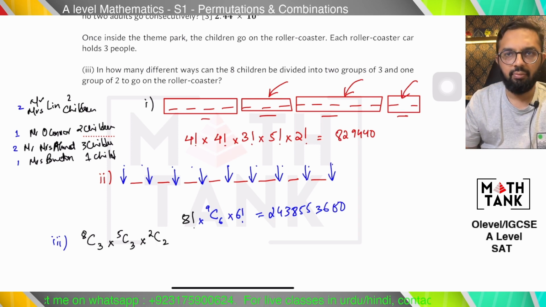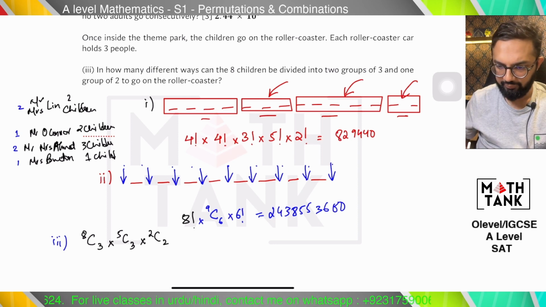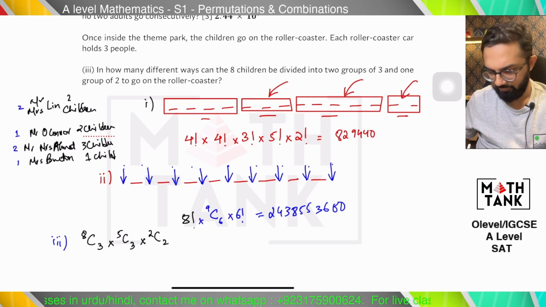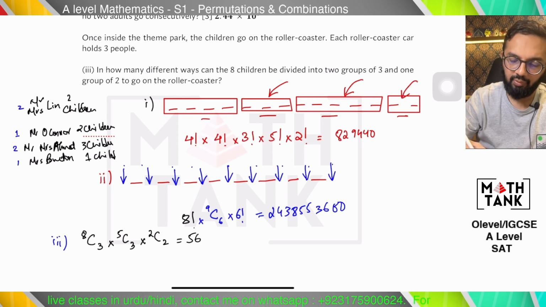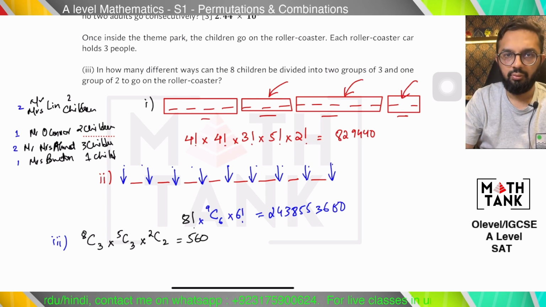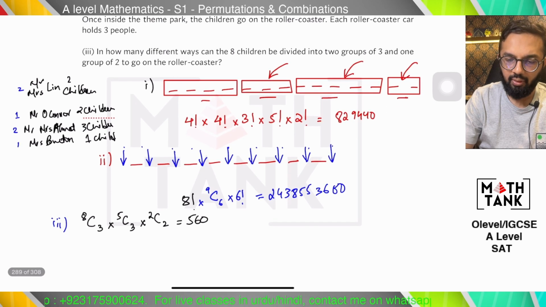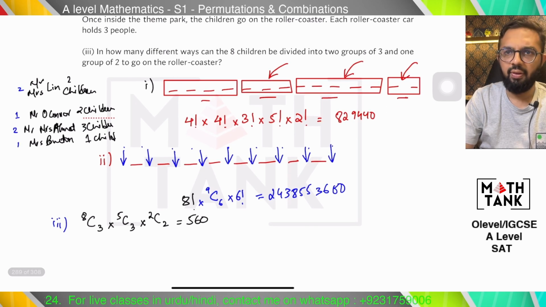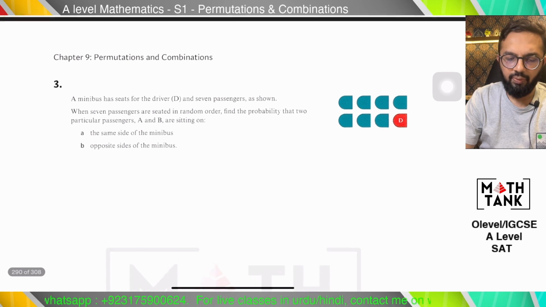Okay, and that's the final answer, 560. They were no longer arranging themselves, they were just splitting into groups. So I've split them into groups and made it very simple. Okay, let's move on to the next question.